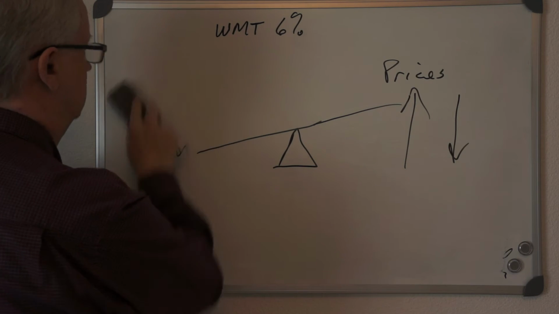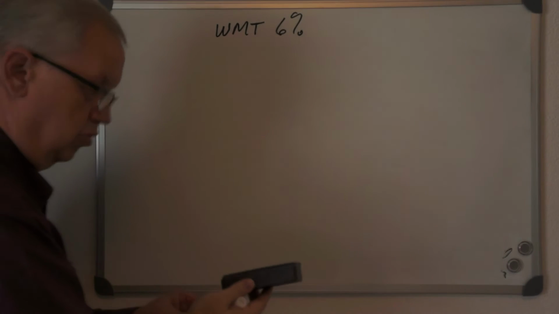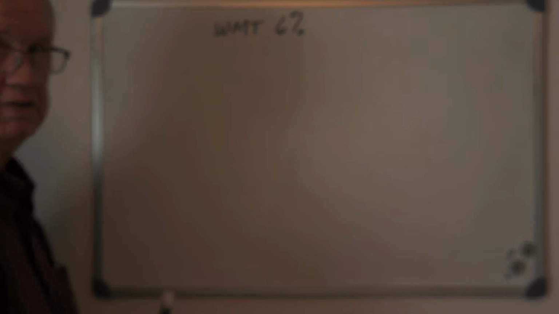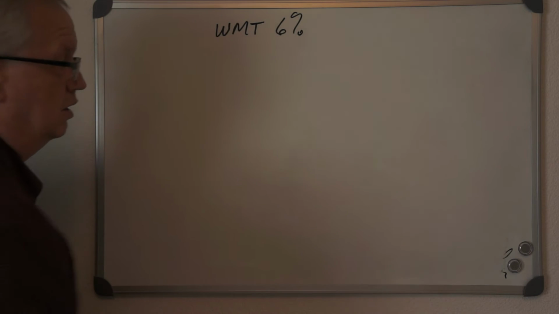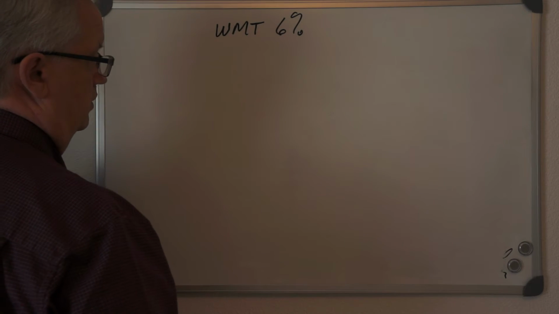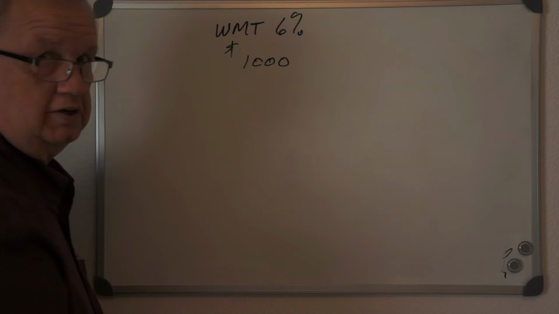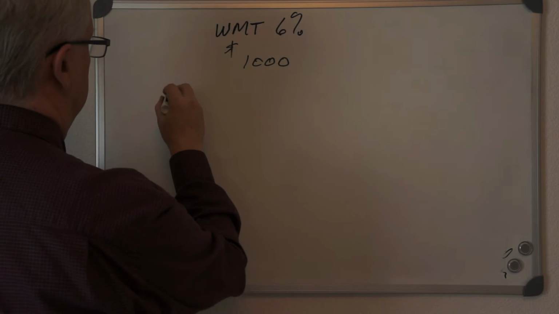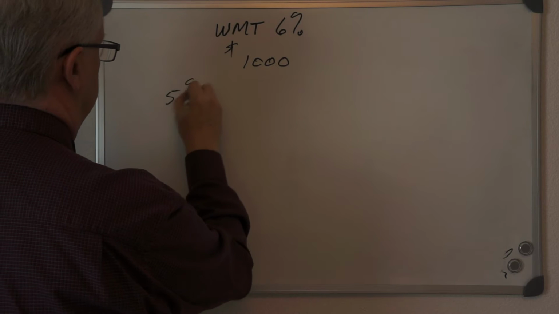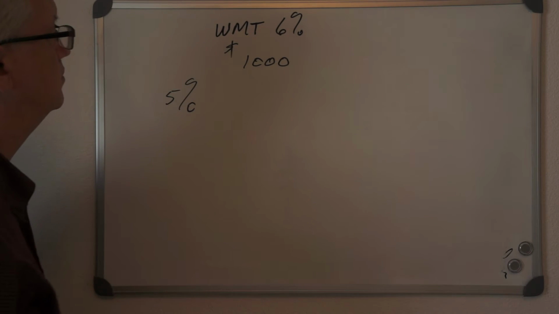Let's take a look at this in a practical way. What if you bought the bond at $1,000, okay? You bought the bond at $1,000. Time goes on, and interest rates are 5%. Okay? 5%.